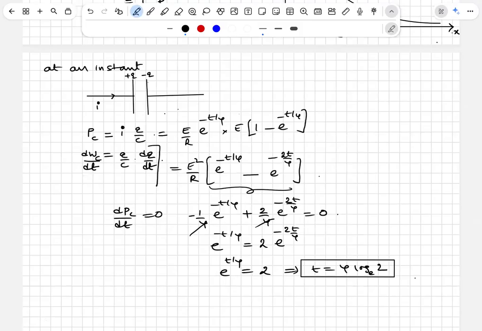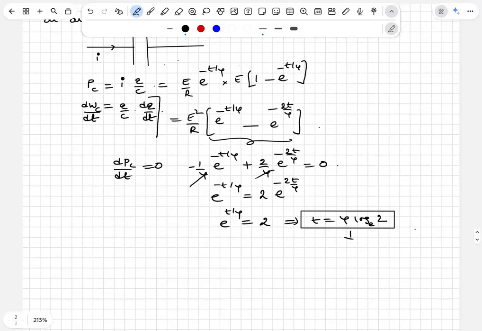At that instant, the power delivered across C is maximum.